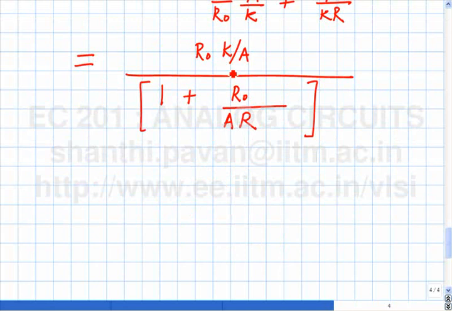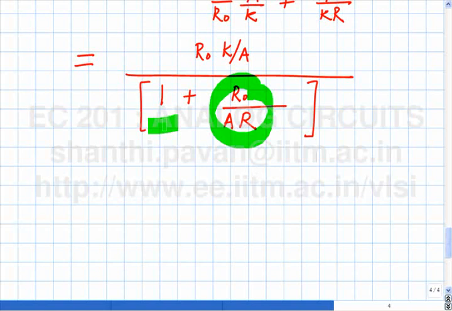Can you comment about this factor in relation to this? A will be very large and R naught is small to begin with. So you can approximate this as R naught into K by A.